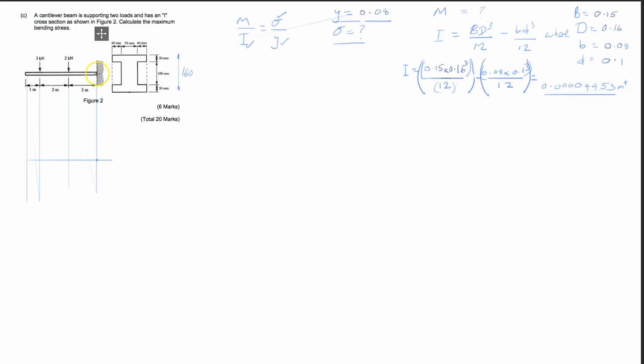Right, distance from the pivot is 0, so bending moment is 0. I've got 2,000 times 200. So that's going to be 4,000 Newton meters. Oops. Oh, don't know how to draw a straight line.